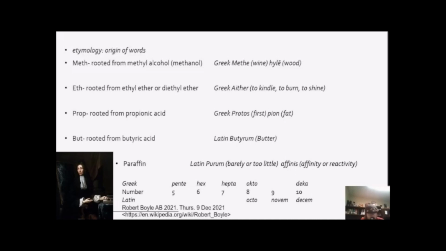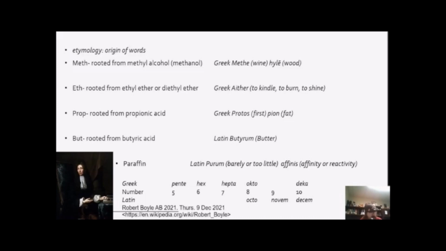But of course, it was also very, very flammable. Ethyl comes from the ethyl ether. Well, the Greek word aether means to kindle, to burn, to shine. So this was a reference to how flammable ethyl ether was. And so we kept the term eth because of that.